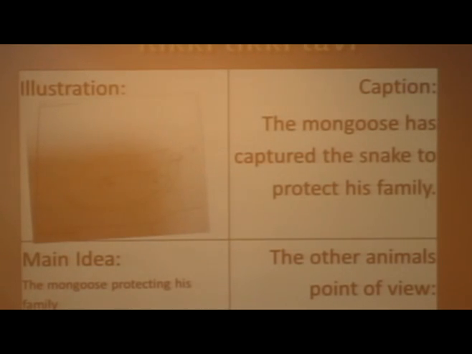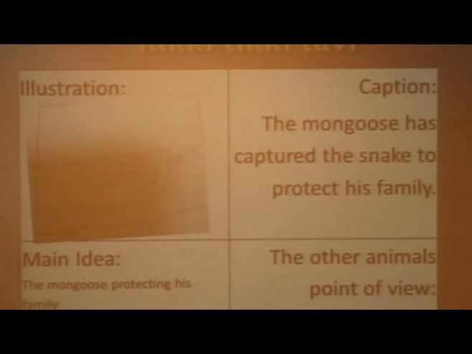Jack is running away with the heart. Wait. Jack is running away with the heart from the giant. Oh, so this is the giant point.